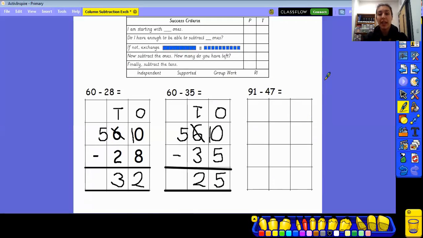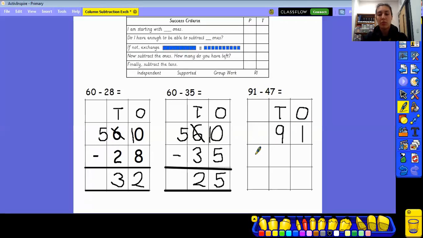Are you ready to go through the answers? Fabulous. So when I set up my calculation in the column method, I must have a tens column and a ones column. The first number in my calculation goes on the top. So I've got 9 tens, that goes in my tens column, and the 1 goes in my ones column.